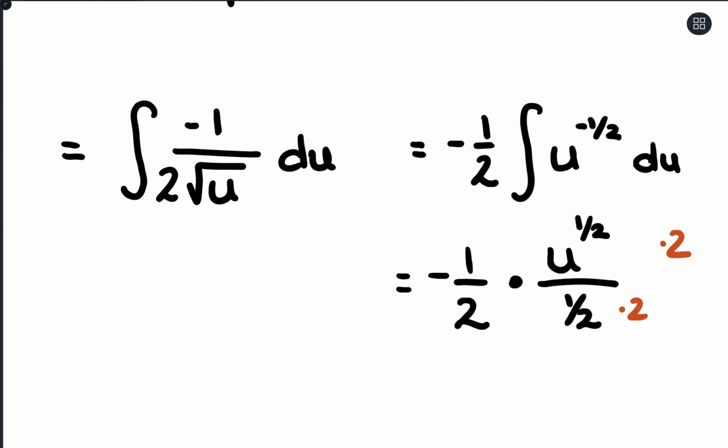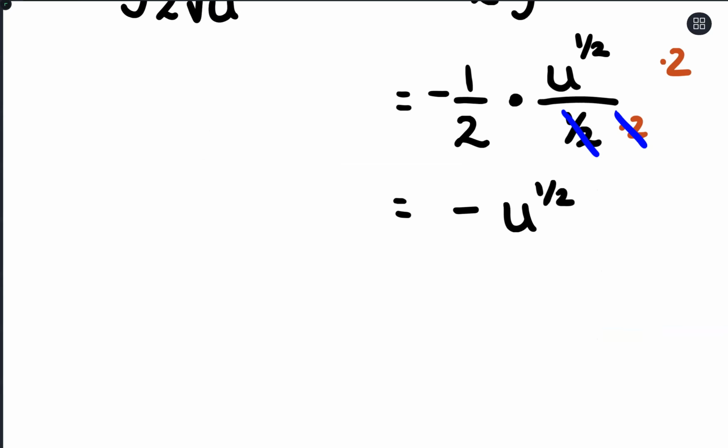Okay, so if I adjust my complex fraction there, we'll have, let's see, negative u to the 1/2. That's all those 2's are going to cancel out. So this is a negative square root of u.